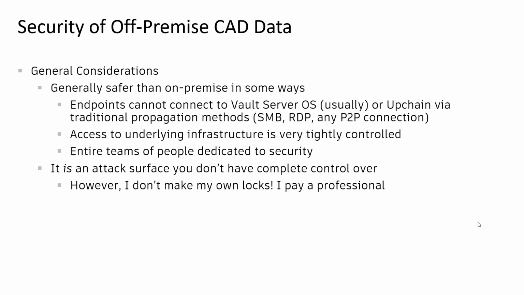So when we're talking about Vault, for example, or Upchain, I guess both in this case, the way an end user computer talks to the Vault server or Upchain is different from the way, say, malware, especially one of the biggest worries today, ransomware, typically spreads through a network, using what we call server message block, basically like Windows file shares or remote desktop, or just general peer-to-peer software like Teams or Skype or something.